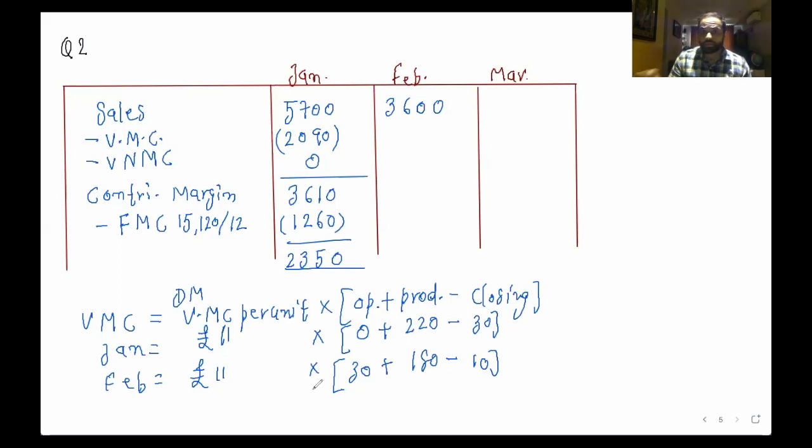Okay, so make sure you check again. Someone said 6,000 is the sales for the month of February. All right, so check again. Yes, it should be 6,000. So how much is the variable manufacturing cost for the month of February? 2,200. Variable non-manufacturing cost is 0. And how much is contribution margin?